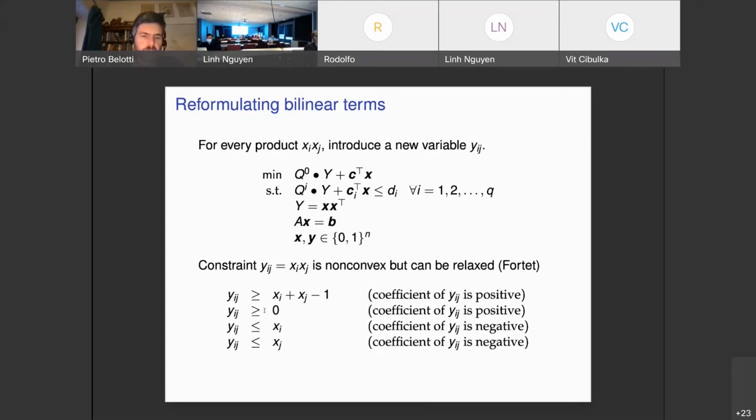Yij must be greater than or equal to 0. Yij must be less than or equal to xi and also xj. Writing these four constraints will give you a set of triplets xi, xj, and yij, where all vertices are feasible for the product. That is, all the vertices are such that yij is equal to xi times xj.